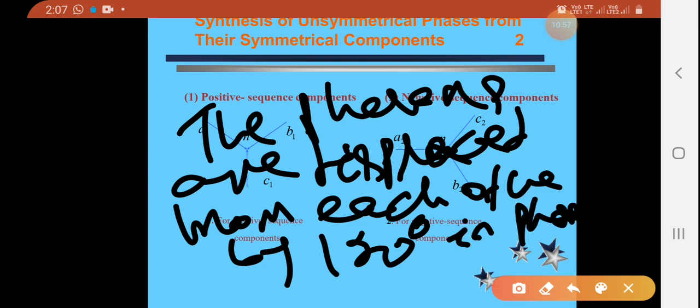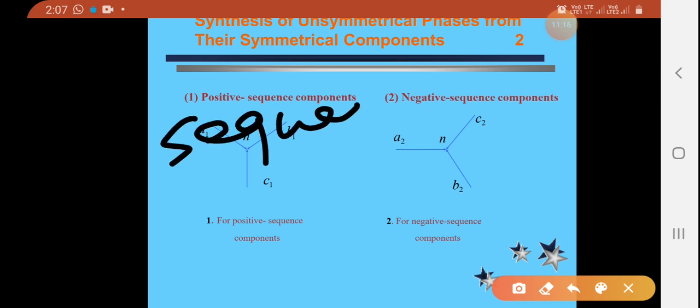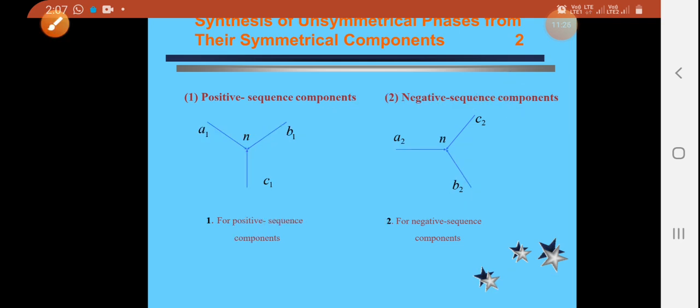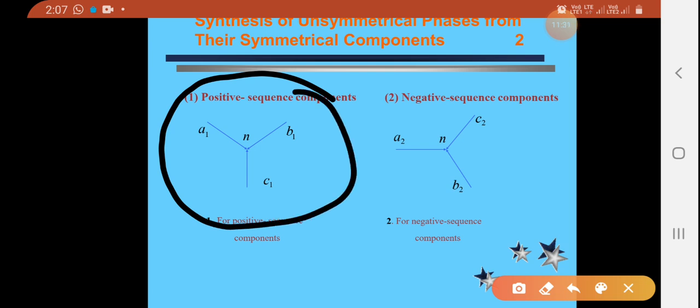So the phase difference between the phasors is 120 degrees, and obviously the sequence of the phase is original here. Because of that, I am telling this is the positive sequence component.